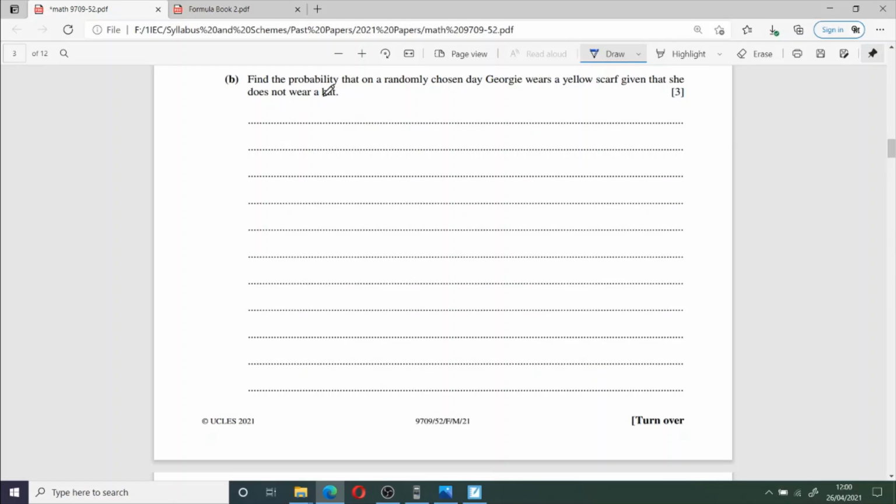Part B is a conditional probability question, and we want to find the probability that Georgie wears a yellow scarf, given she does not wear a hat. So I'm going to set up my formula for this, and I always like to start with the other side of it.